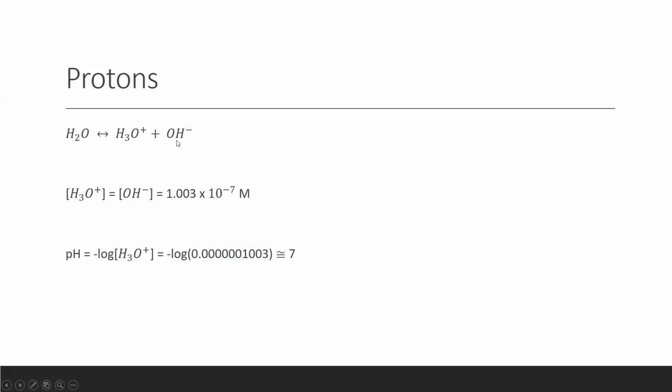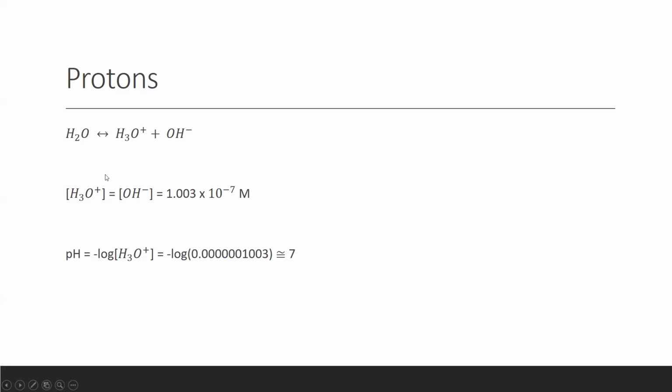This makes water amphiprotic, the ability to either lose a proton or accept one, and it can react with itself. Now, this above equation is very important, and it's a simple equilibrium one. So it can proceed in the forward direction and in the backward direction.